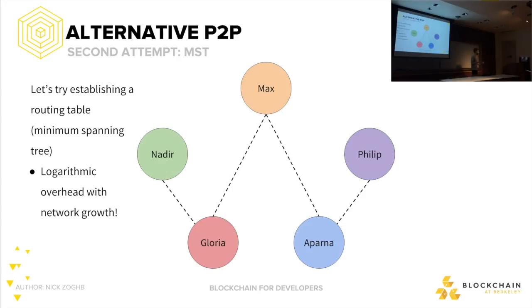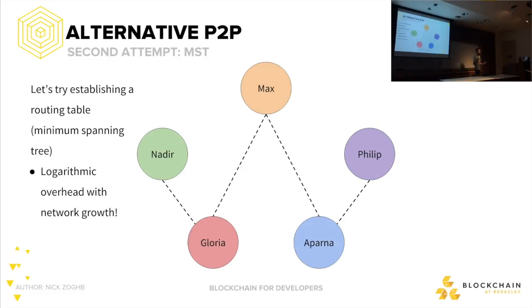Awesome. Okay, and actually, there's only logarithmic overhead with network growth. Is that a good thing or a bad thing? Really good. Okay. Why is it really good? Because when you get really big in size. Yeah. So think about having to connect a peer to everybody else every single time a new peer joined the network.